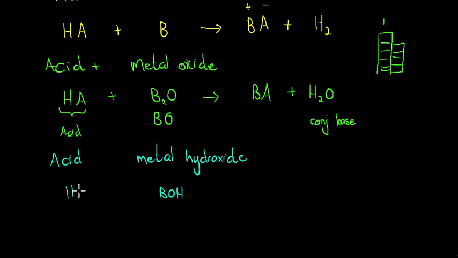Our acid, again, is not a specific acid, this is a general acid. A represents some anion, and that anion can be chloride, iodide, bromide, or sulfate, etc., etc.